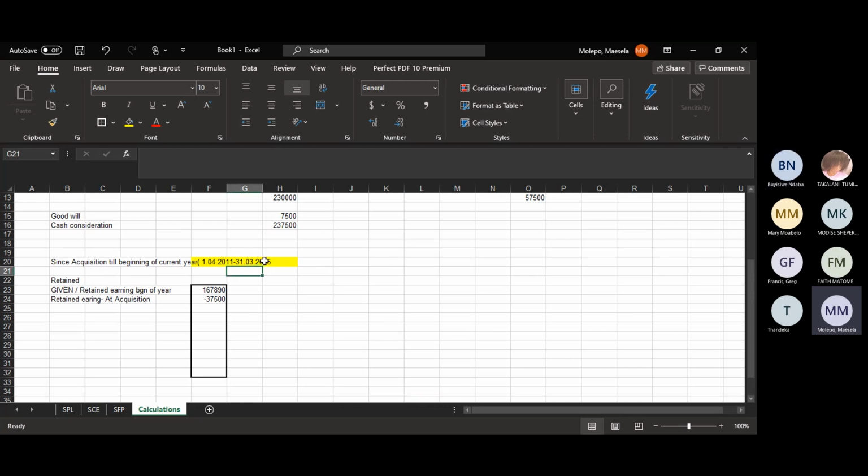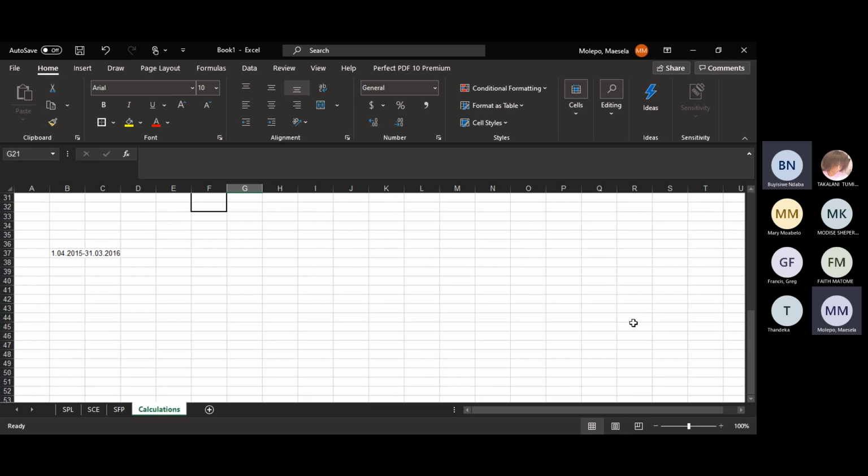We happy, right? So now let's calculate the profit of the rubber stamp. I'm going to do the profit calculation on the rubber stamp here.